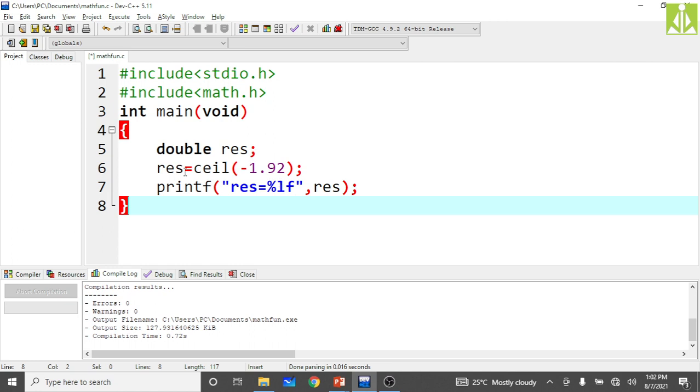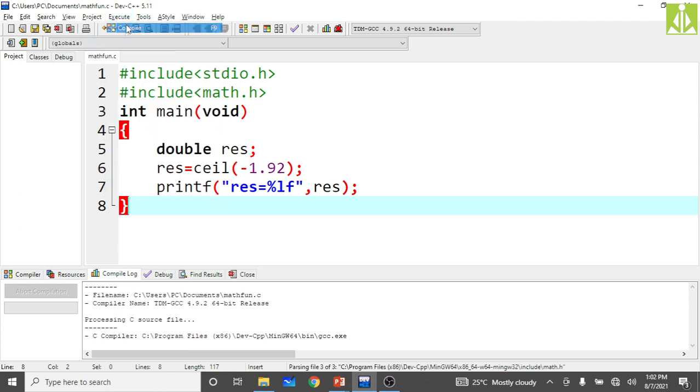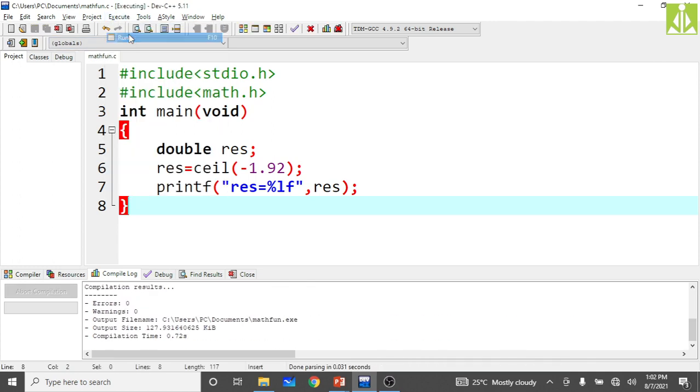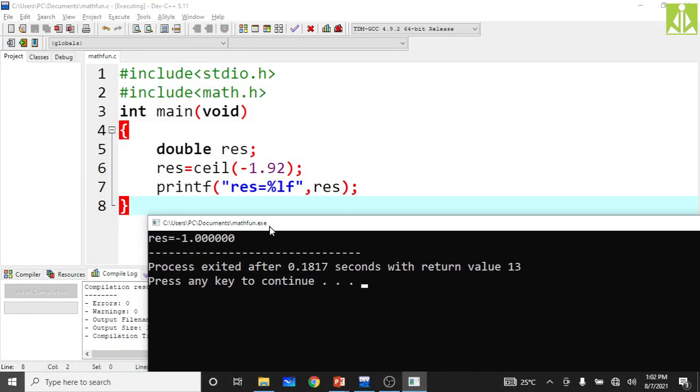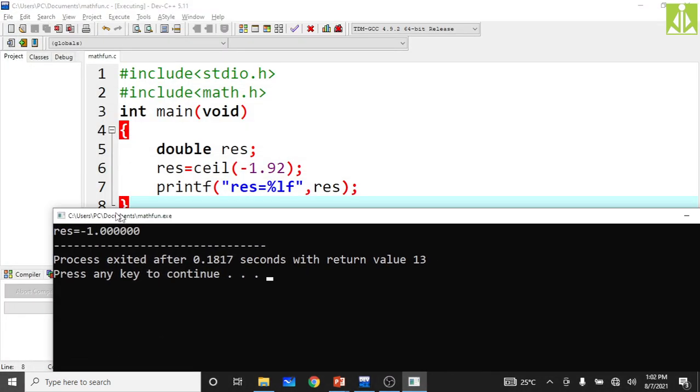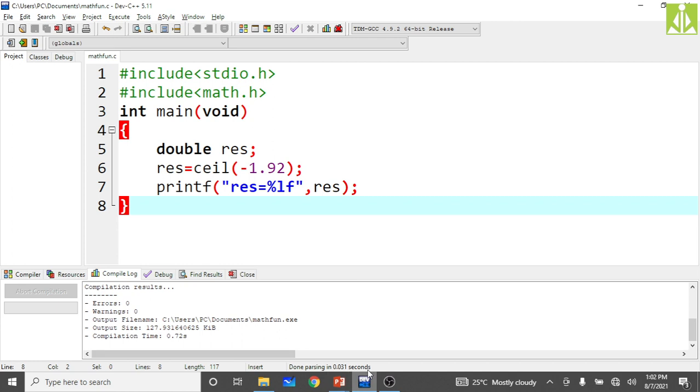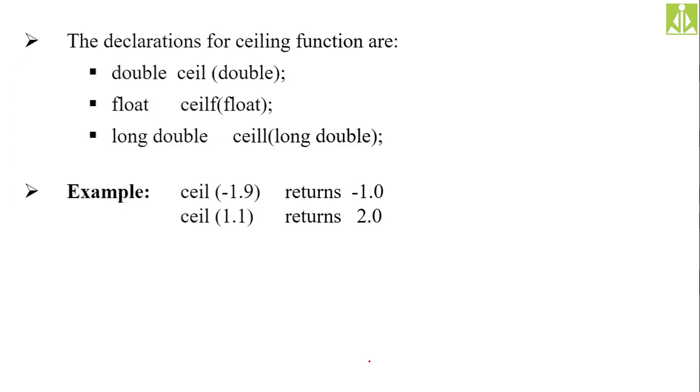So the ceil function will always take the nearest possible whole number in the right hand direction. So you will get minus 1 as output. Quickly check that one. Compilation is successful, and we got minus 1 as we discussed. This is about the ceil value. Always it will look for the nearest possible whole number in the right hand direction.